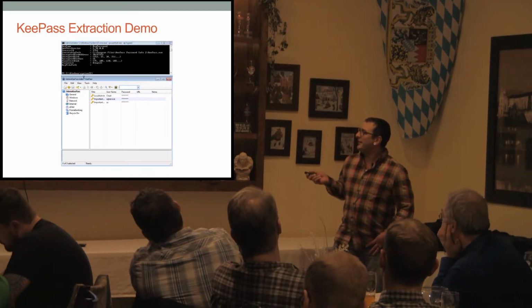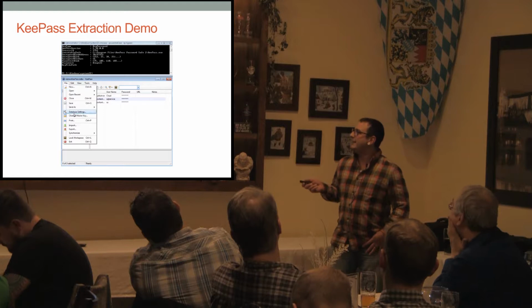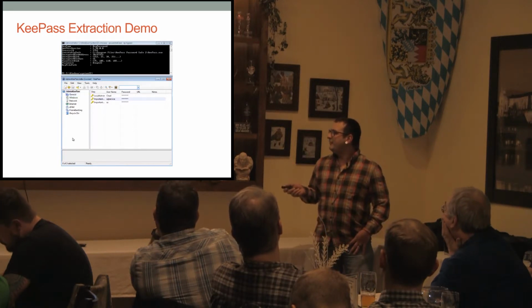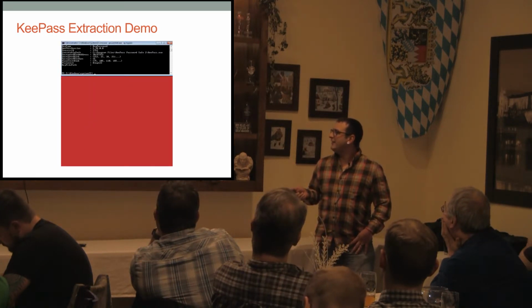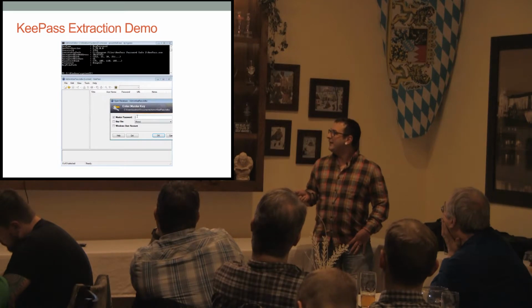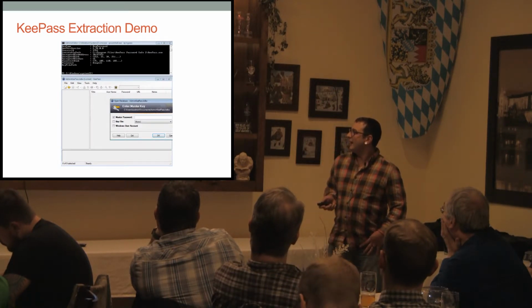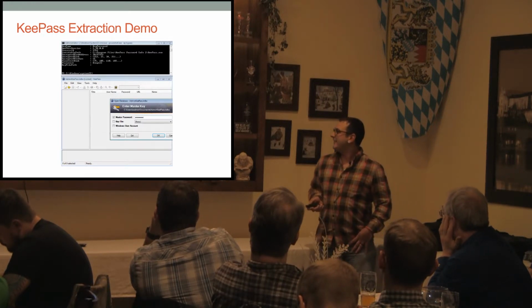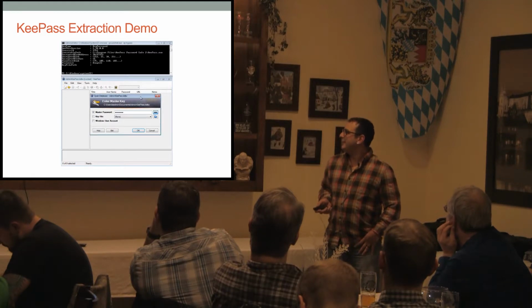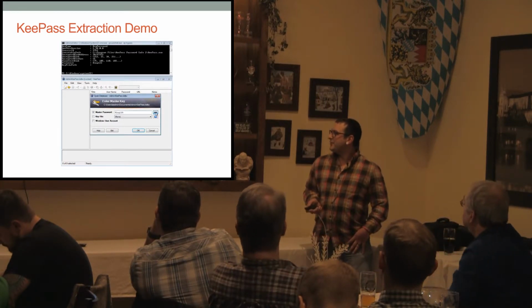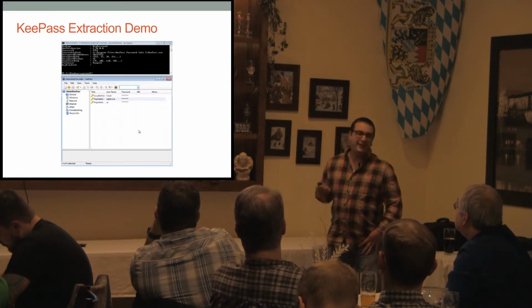It pulls that plain text from memory, and if we lock the database here, just for the sake of locking it, and then try to open it, we can punch in that password. I can apparently punch it in very slowly, but I can, right? If we click the little display icon, it shows that that's the password I'm putting in here, and you hit OK, and you can open it up.